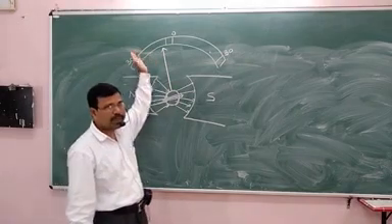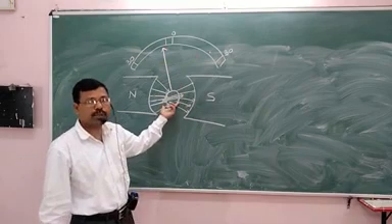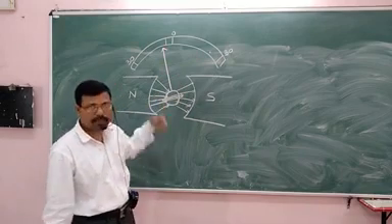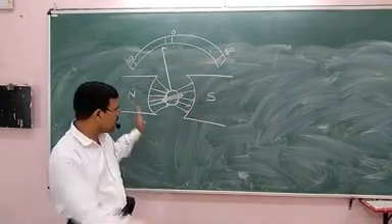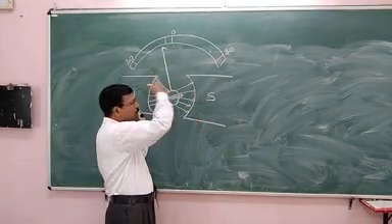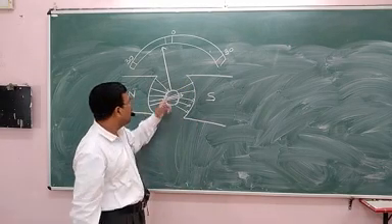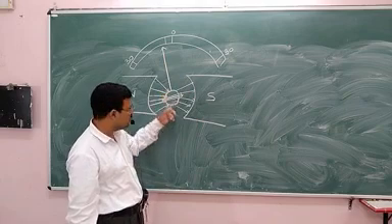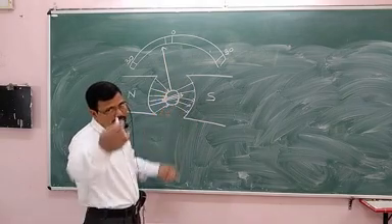This pointer moves on the scale whenever current passes through the coil, and the coil is kept in the magnetic field. So the construction is: two concave poles of a magnetic field, an aluminium pointer, a rectangular coil, a soft iron core, and a spring.